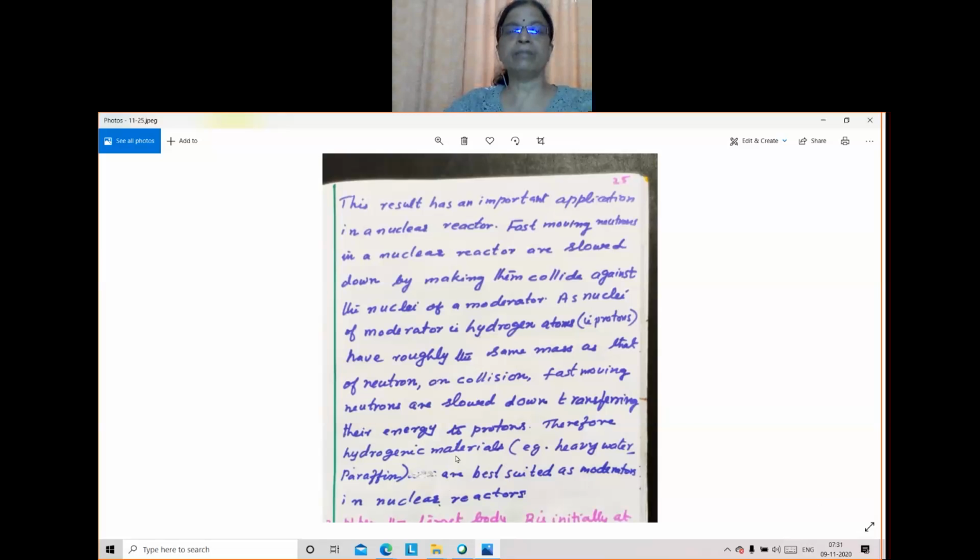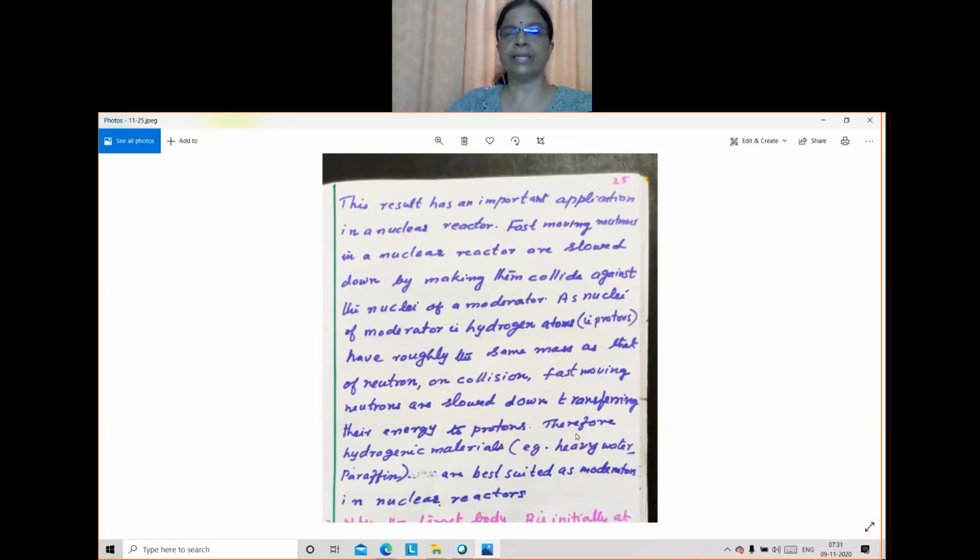Understand? And that process is known as moderation, slowing down the fast-moving neutron by passing it through heavy hydrogen, heavy water, or paraffin, etc. So these are moderators. What is the purpose in a reactor? Slow down fast-moving neutrons. Why do we slow down? Only slow-moving neutrons can produce the fission reaction. In a nuclear reactor, which reaction is taking place?